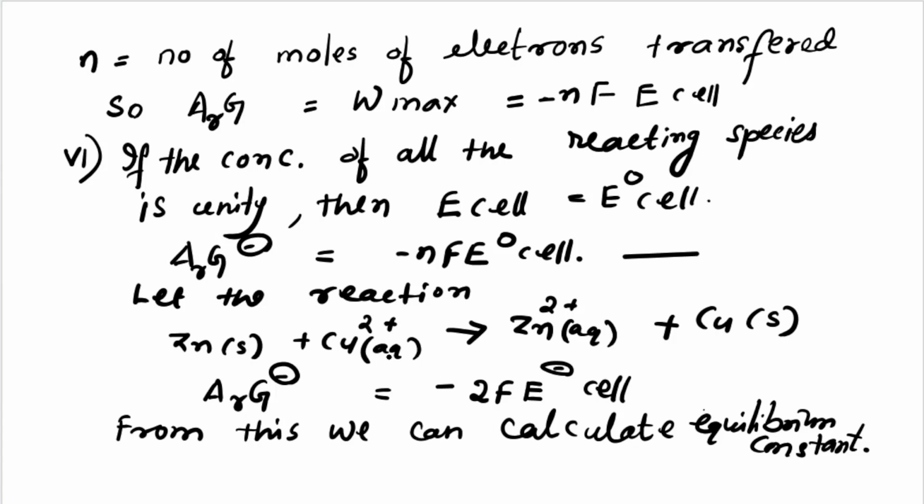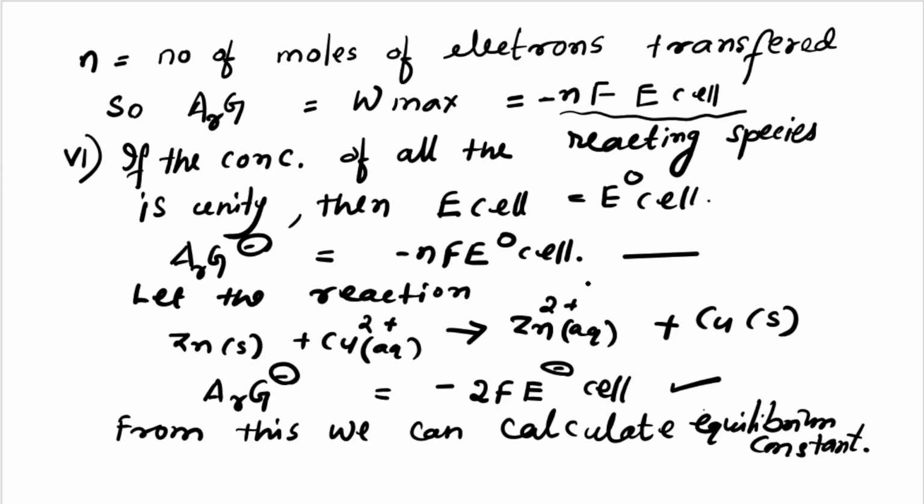Look at the Daniell cell again: Zn losing electrons, Cu²⁺ gaining electrons, 2 electrons only, so n equals 2. That is why ΔrG equals minus, because the formula is -nFE cell. Since it is a standard value, you put the standard value here also.